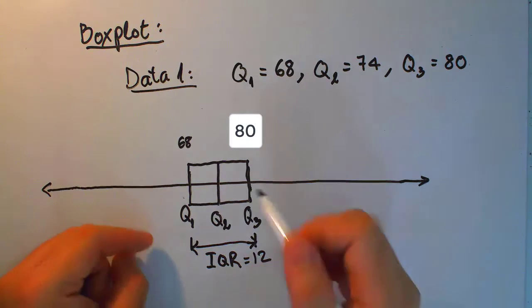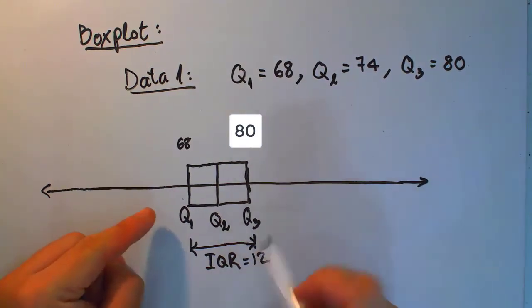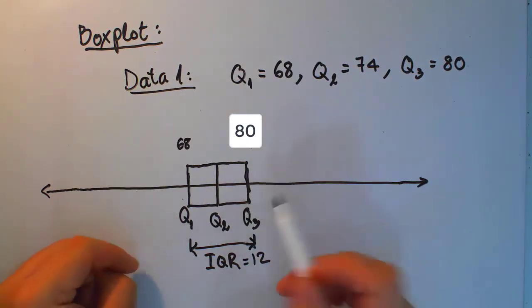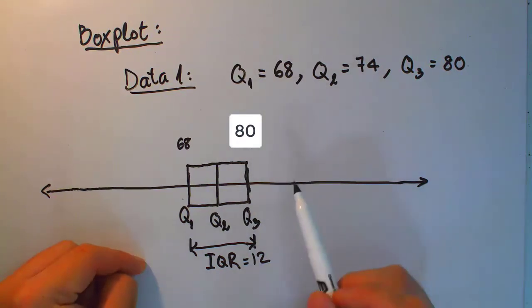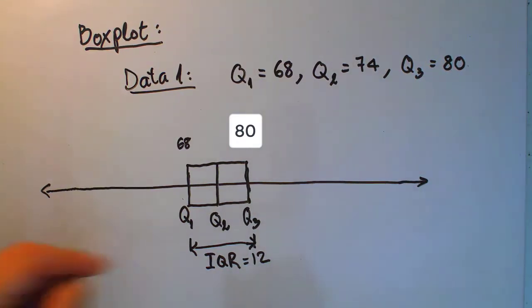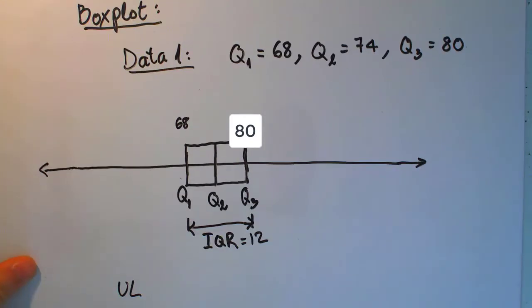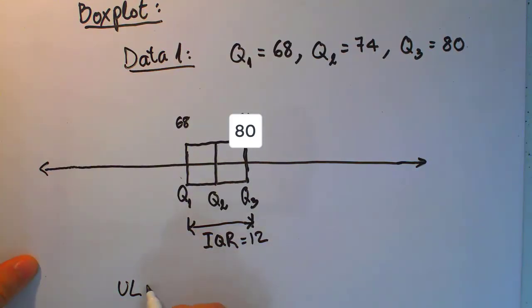And so now the next details we want to put into data 1 here is, remember the lower limits and the upper limits that we've learned. The limits that we used just earlier to find our outliers of data, the upper limit for that was 98.